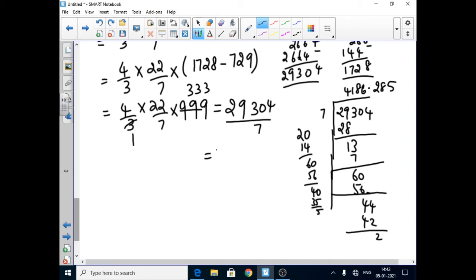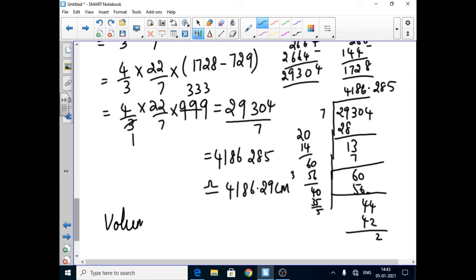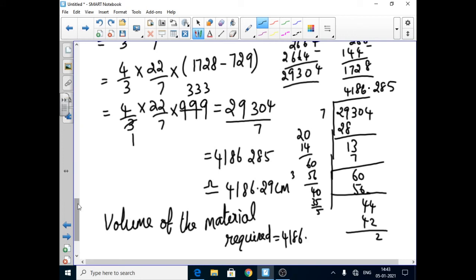So 4186.285, approximately 4186.29 centimeter cube. So the volume of material required is equal to 4186.29 centimeter cube.